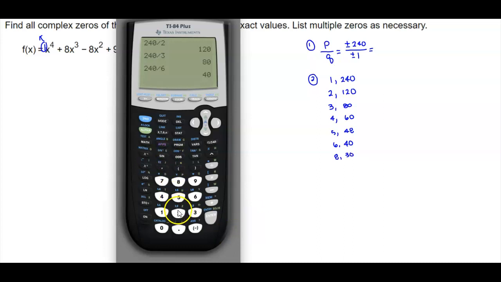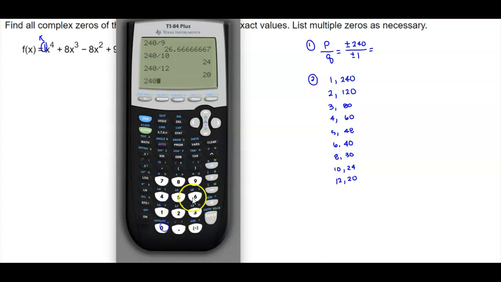We know 7 doesn't go in there. Does 9 go in there? No. What about 10? Yes, because 240 divided by 10 gives us 24. So 10 and then 24. What about 11? 11 doesn't go in there, but what about 12? 240 divided by 12 gives us 20. So it's 12 and then 20. What about 14?